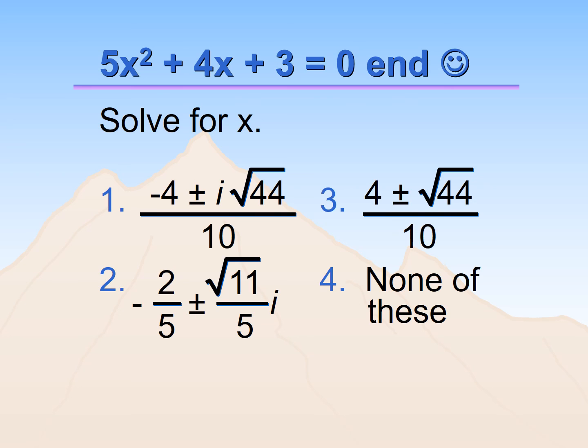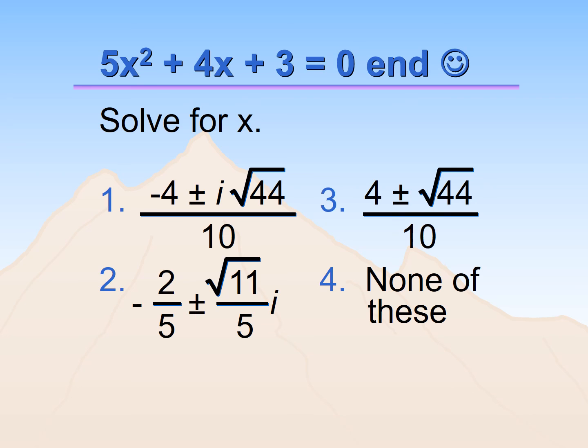All right. So 44 is not a perfect square, but we do have to simplify it. 44 breaks down to 4 and 11. 4 breaks down into 2 and 2, which means that if we simplify, we had negative 4 over 10, which is the same as negative 2 over 5, plus or minus the square root of negative 44 reduces to 2 square root of 11 i over 10.